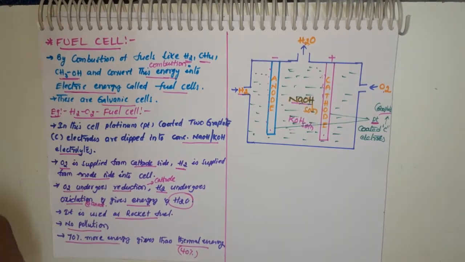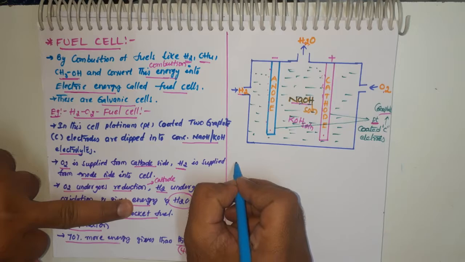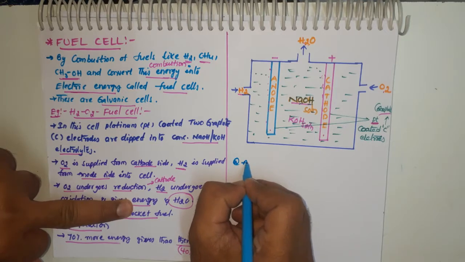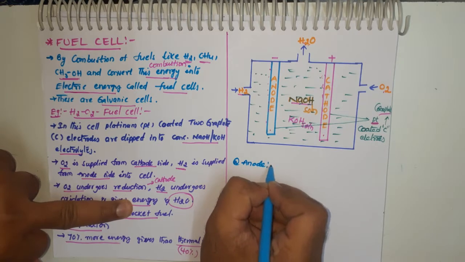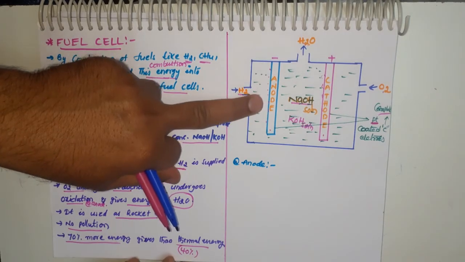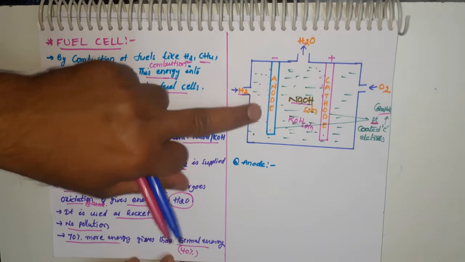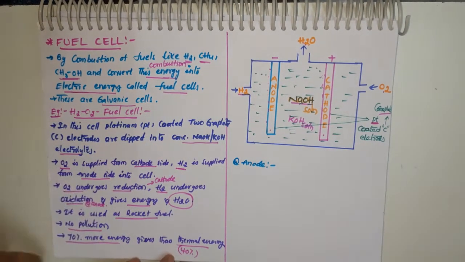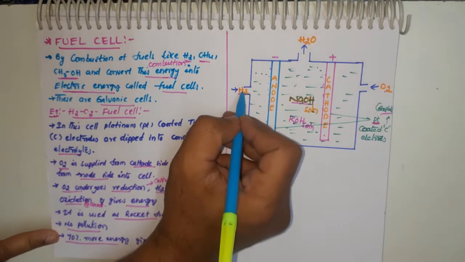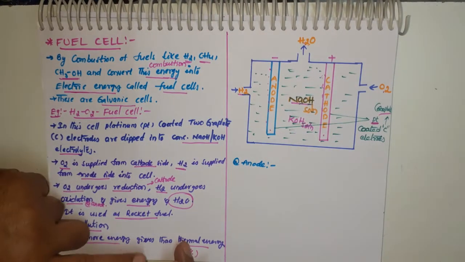What are the reactions? At the anode, oxidation happens. Which undergoes oxidation? H2 undergoes oxidation.